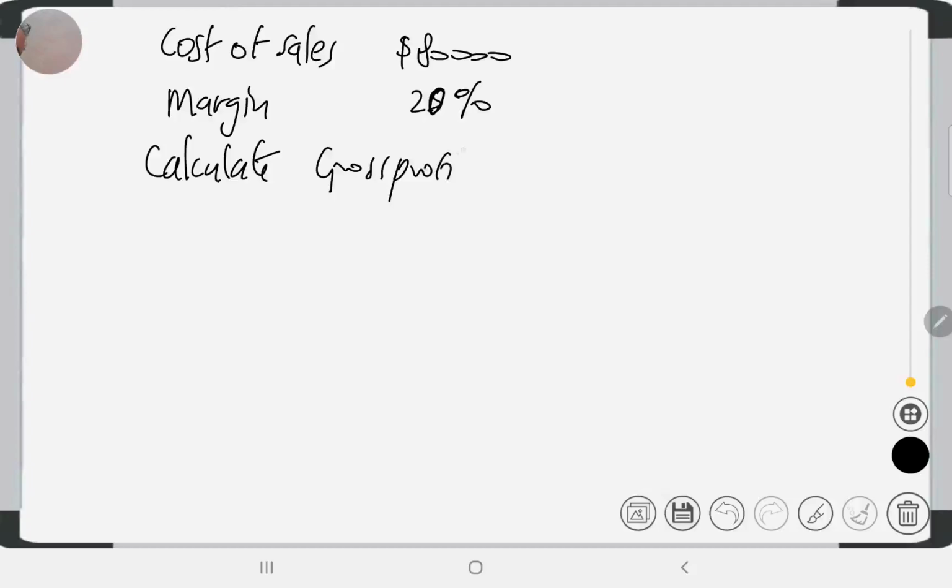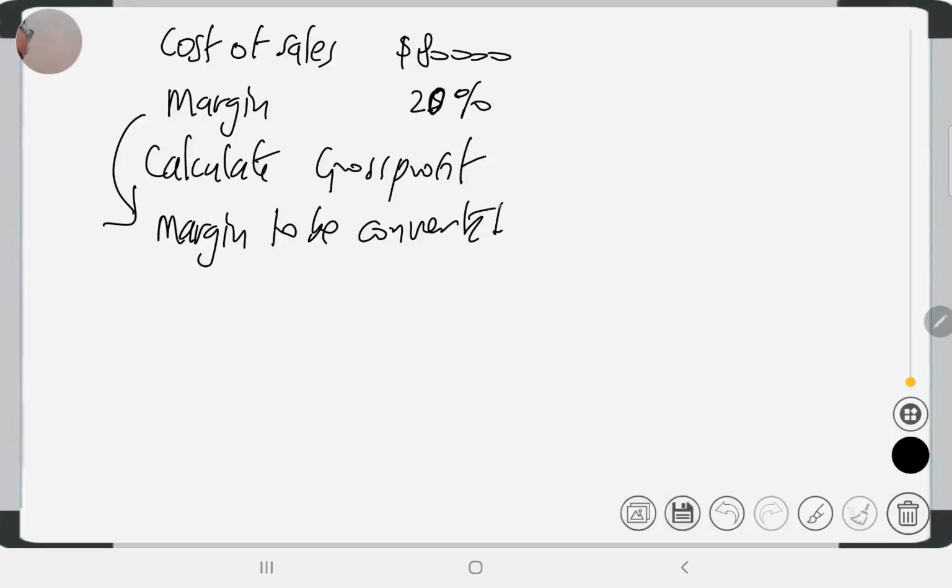So we have to convert the margin into markup. Margin means selling price, markup means cost price. Selling price is being converted to cost price, so we have to subtract from the denominator.